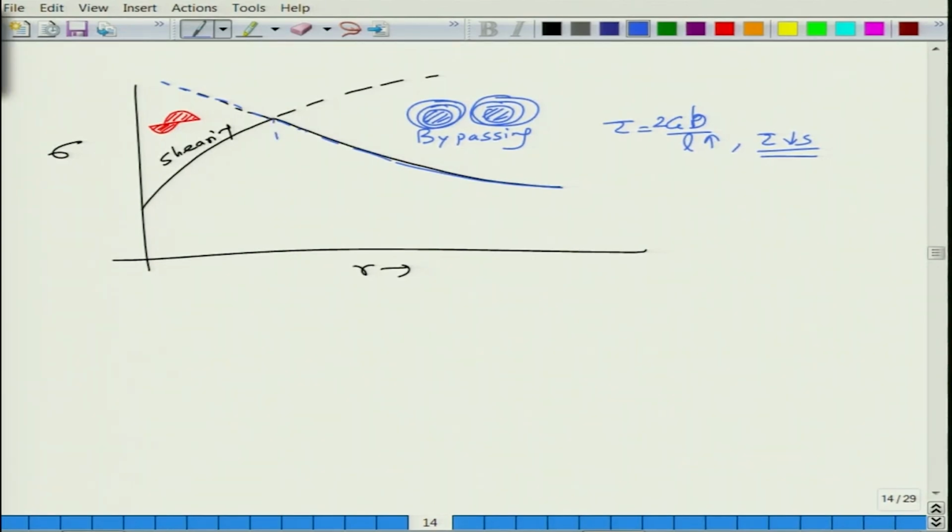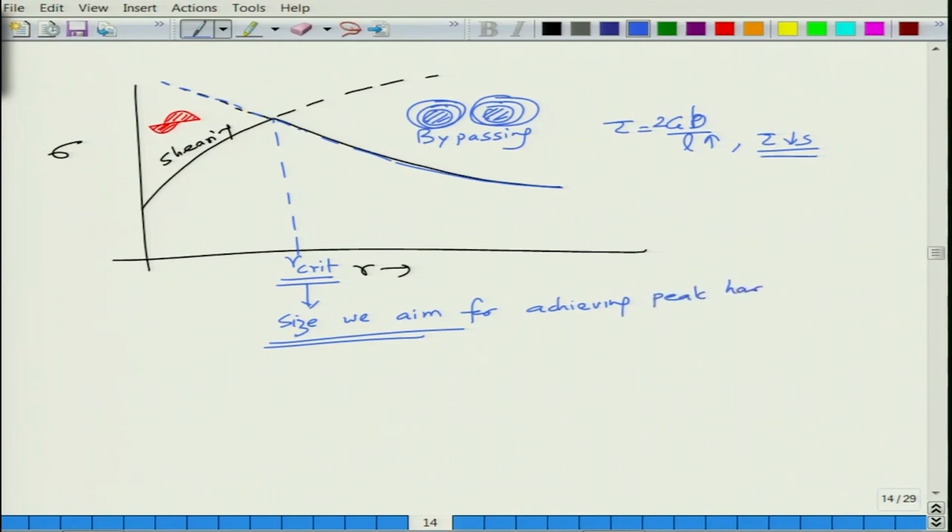So there is a critical size, R critical, at which you achieve the maximum stress required. This is the size that we aim for to achieve peak hardness, and this is a function of time and temperature. So this is what happens in precipitation hardening.